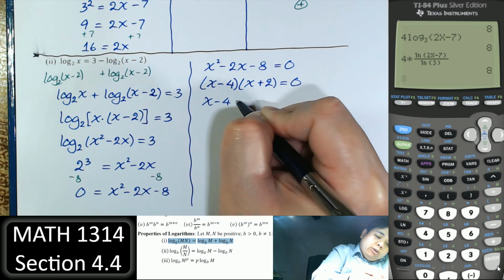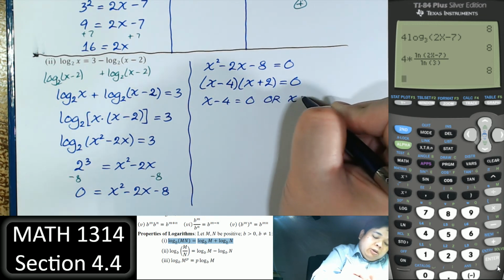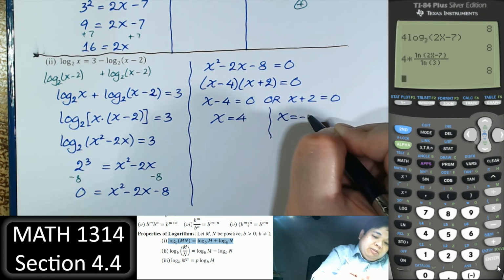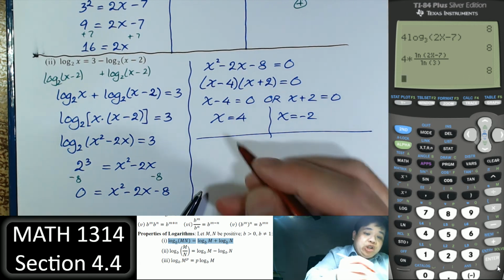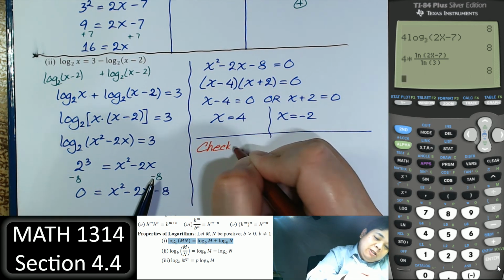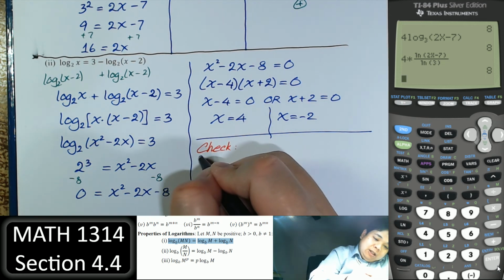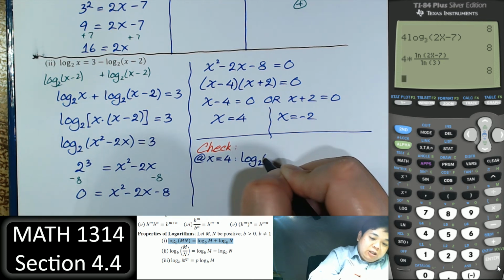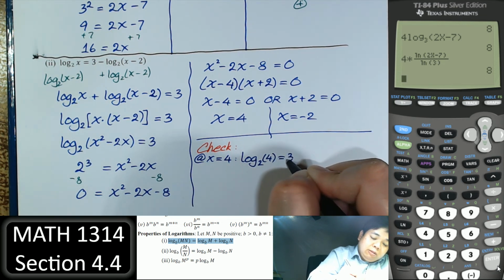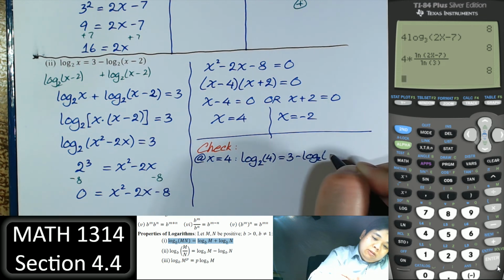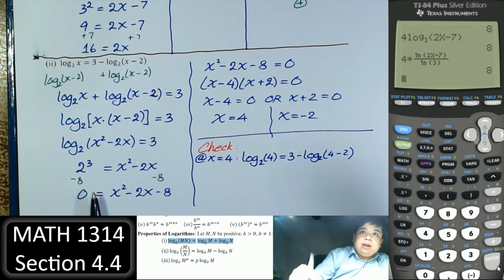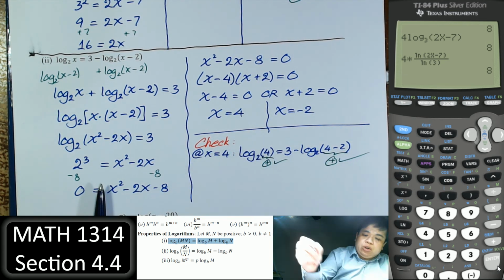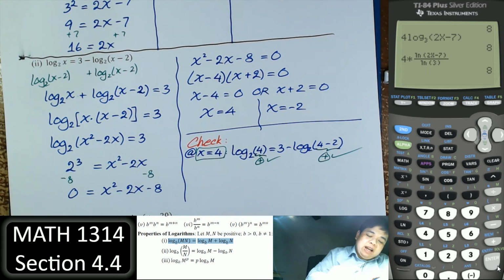So x minus 4 equal to 0, or x plus 2 equal to 0, x equal to 4, x equal to negative 2, and make sure we check our answer. For x equal to 4, substitute 4 into x. So indeed we have positive here and positive here, so it's good. So we have the solution x equal to 4.